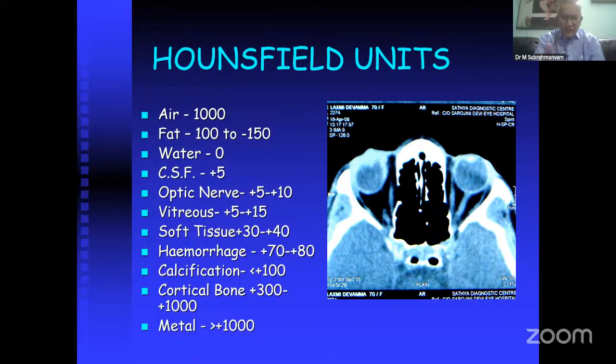So when there is a lesion, and if the Hounsfield units are also informed by the radiologist, we'll have a pretty good idea of what the contents are.